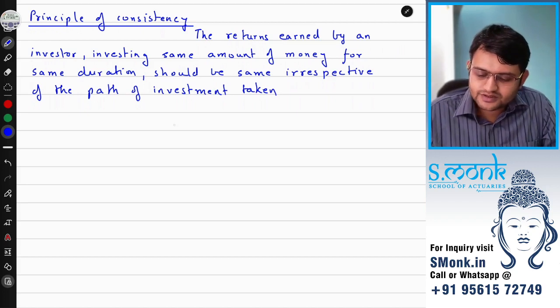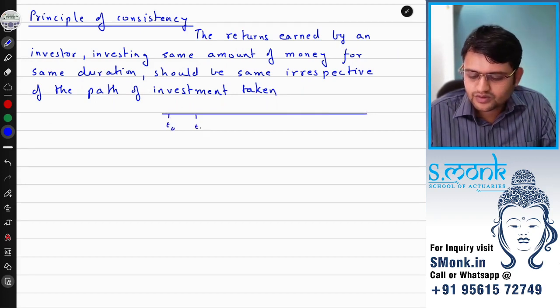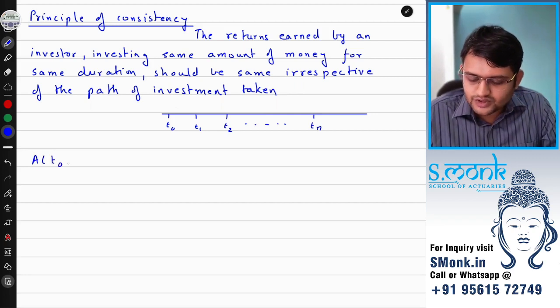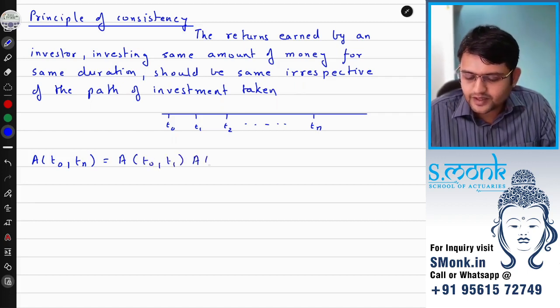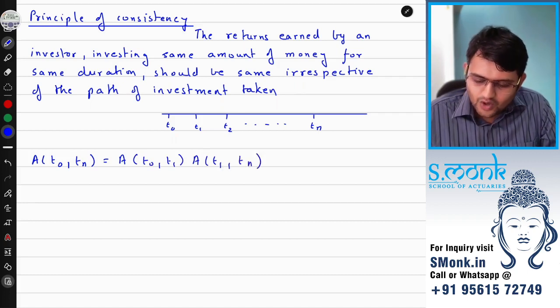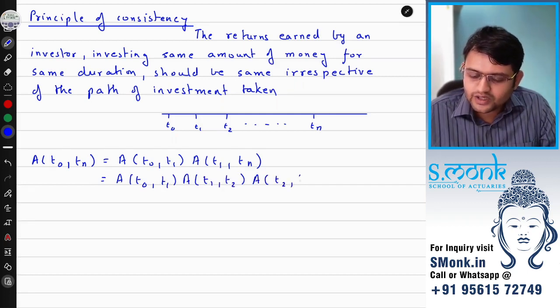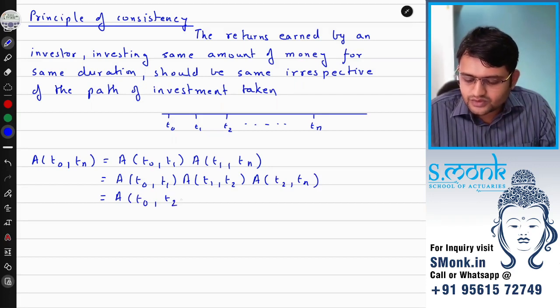So this just says that if I have, let's say, times T0 to Tn, then accumulation factor from T0 to Tn will be same as accumulation from T0 to T1 and then T1 to Tn, or I can go from T0 to T1, then T1 to T2 and then T2 to Tn, or I can go from T0 to, let's say, T2 and then T2 to Tn.